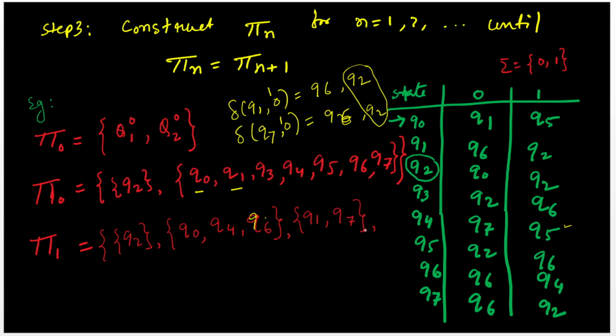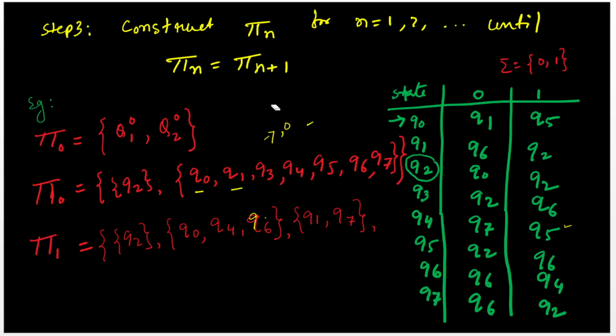Now again we have to check the remaining states, Q3 and Q5. Take delta of Q3 and delta of Q5 with 0. Q3 with 0 gives you Q2 and Q5 with 0 gives you Q2. So no problem, because both states are in the same equivalence class in pi naught.